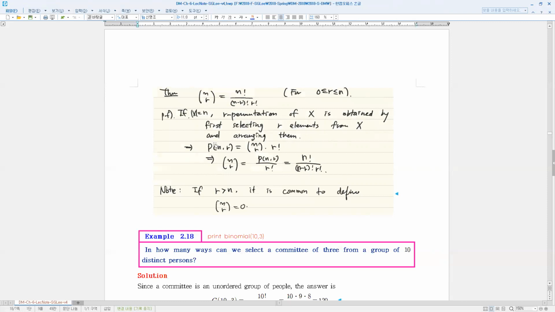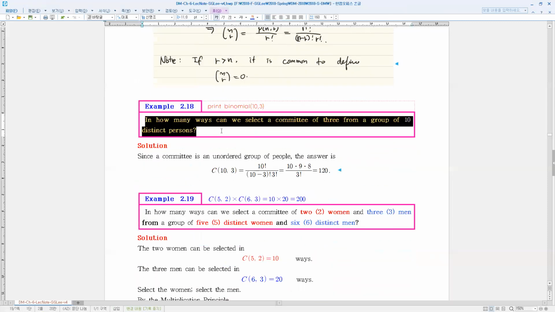So P(n, r) is n choose r times the ordering, r factorial. This gives us a theorem: if r is bigger than n, there are no possible ways to choose that larger number. So n choose r is equal to 0 if r is strictly bigger than n.